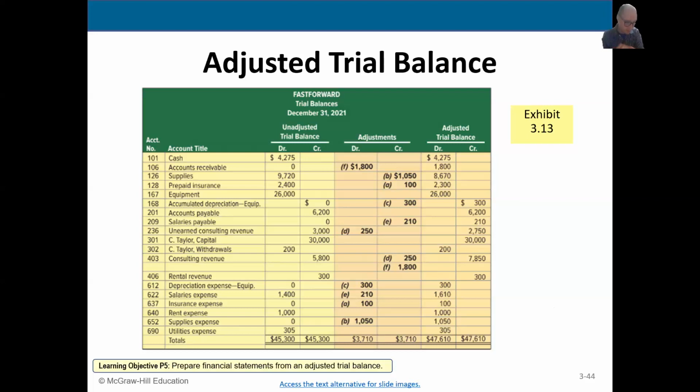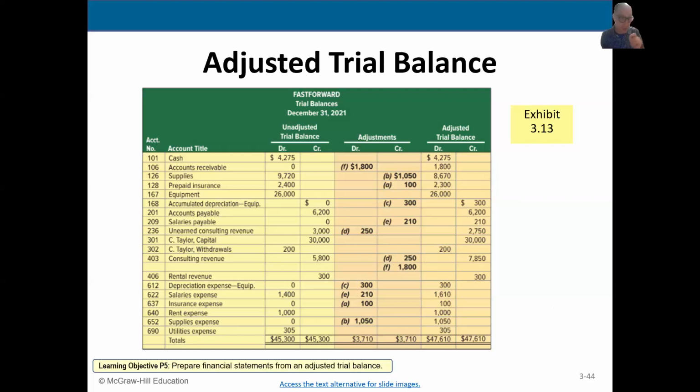Then we made the adjusting entries, as you see in the two middle columns. We take the unadjusted trial balance amount for each account, and we add or subtract, depending on the adjusting entry, to find the adjusted trial balance. The adjusted trial balance is a list of the accounts and their balances after the adjustments have been made.